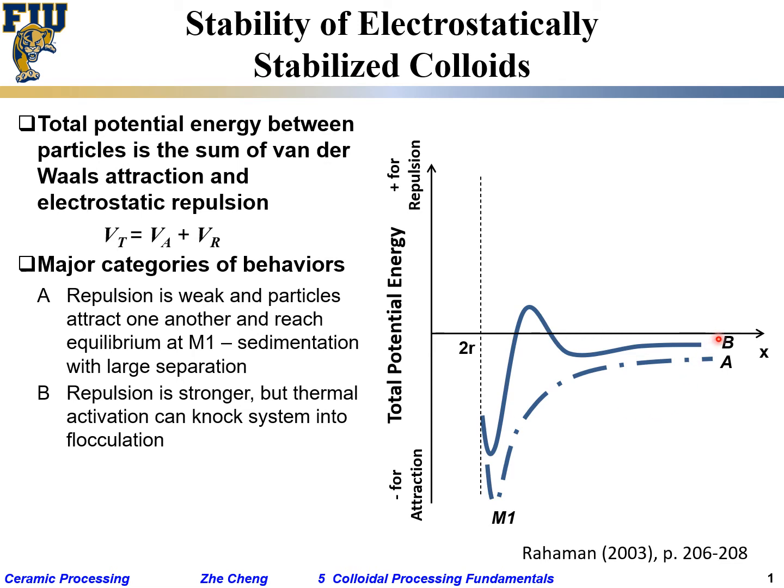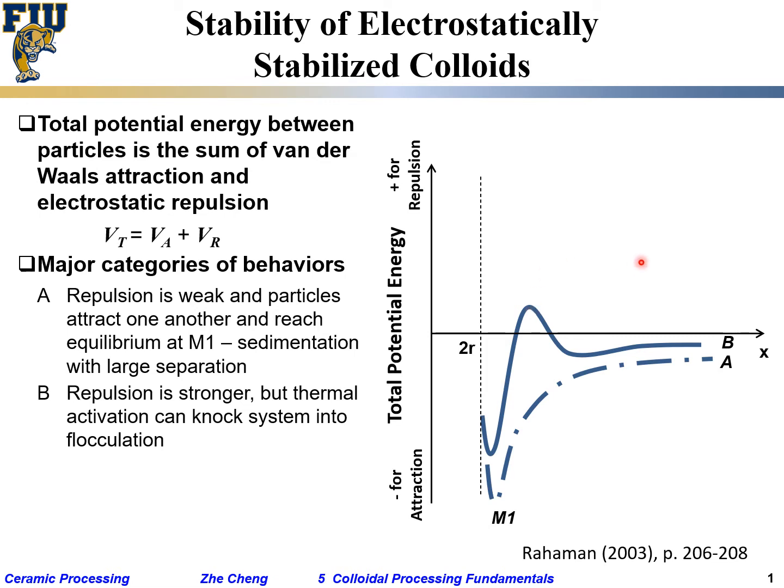Again, very far away, you have almost no interaction. And then when you get closer, because there is surface charge, you are getting into what? Positive means what? Repulsion. Because there is surface charge, the particles start to repel each other.